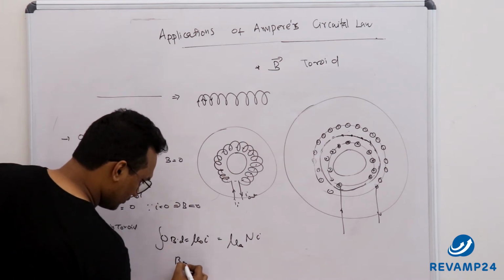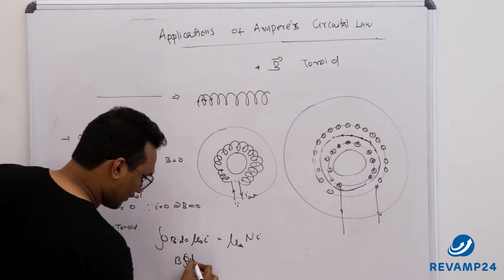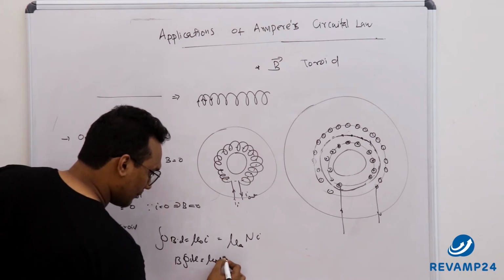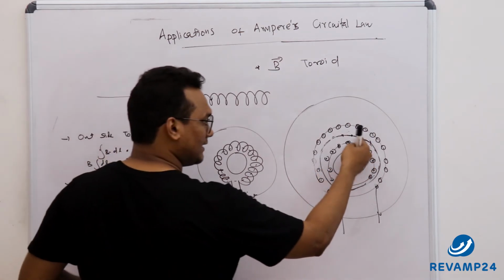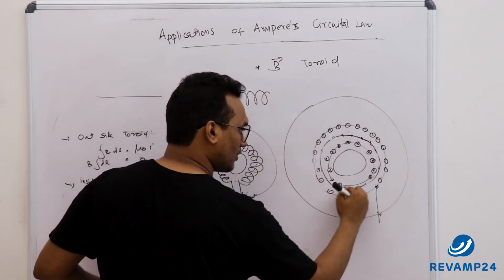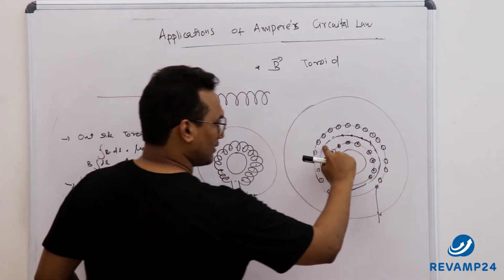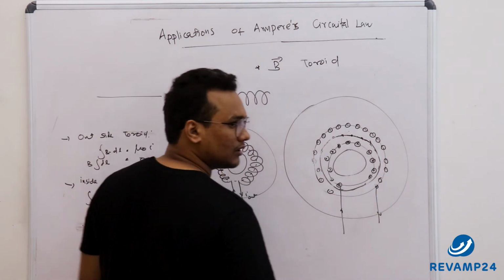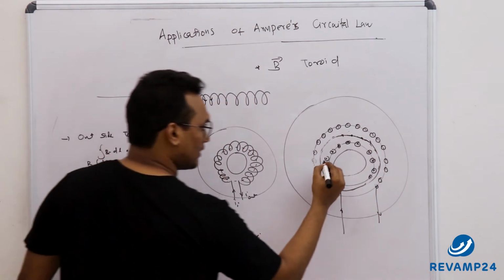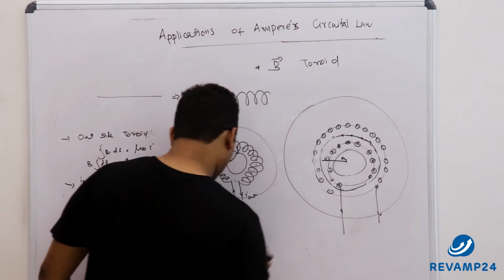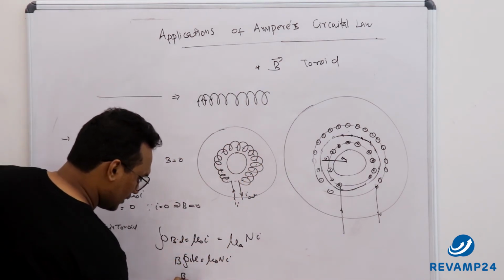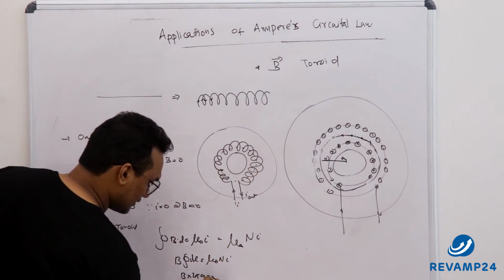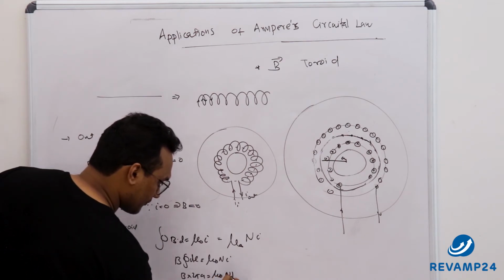So B times the line integral of dl is equal to mu 0 N I. What is the line integral? That is the total length of this toroid, the total length of the loop. If the radius is a, then that will be 2 pi a. So B into 2 pi a is equal to mu 0 N I.